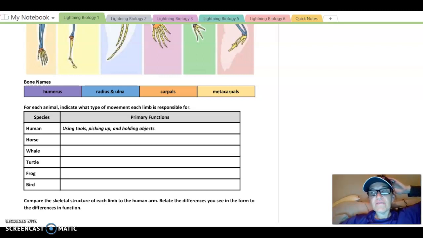As far as evidence for relatedness and ancestry, the greater the similarity in form, the more related the organisms are. The more similar in function, which is called analogous, doesn't necessarily mean that those have to have a close common ancestor. That might just be their environment acting on them.